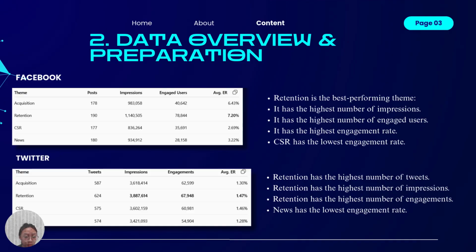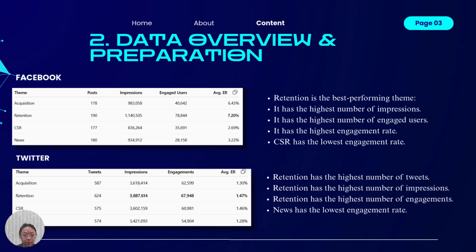Starting with Facebook, the upper table. The retention theme is clearly the best performing category.